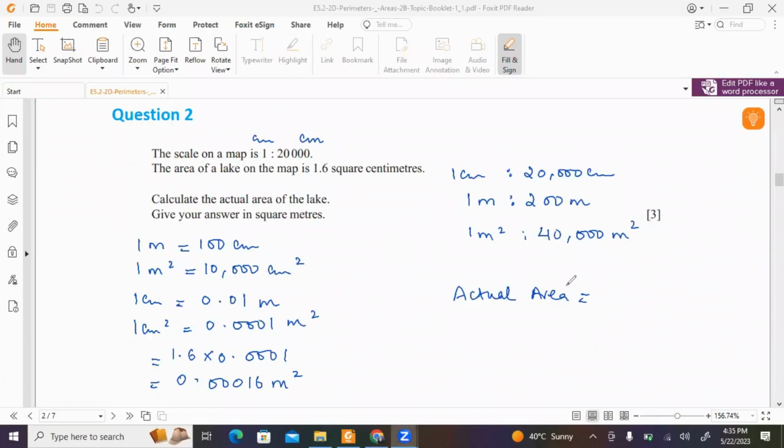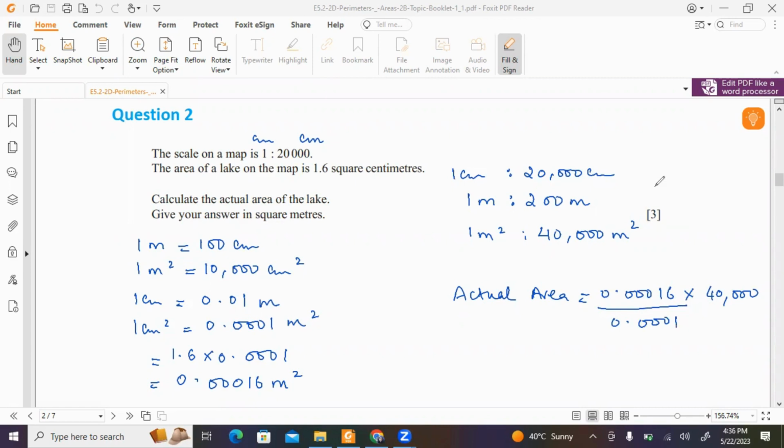So to find the actual area, what we're going to do is 1.6 times 0.0001 times 40,000, and this is going to get divided by 0.0001 because we want the final answer in square meters.